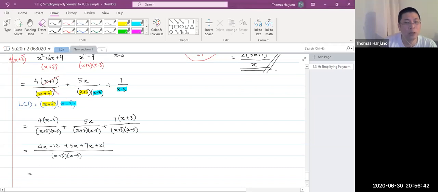That will give me 16x + 9 over (x + 3)(x − 3). I will leave them in factored form.